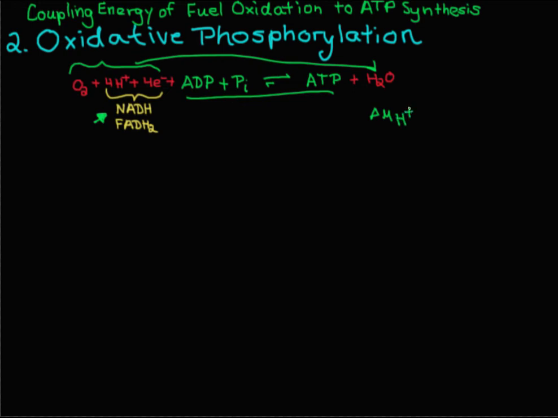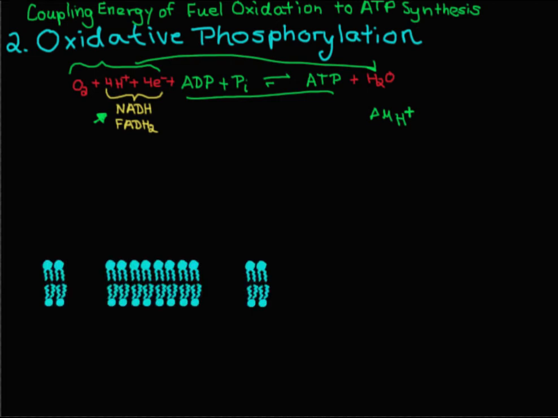There are protons, a gradient of protons across the mitochondrial membrane. So here we have a cartoon of the inner mitochondrial membrane. And this membrane is impermeable to protons.